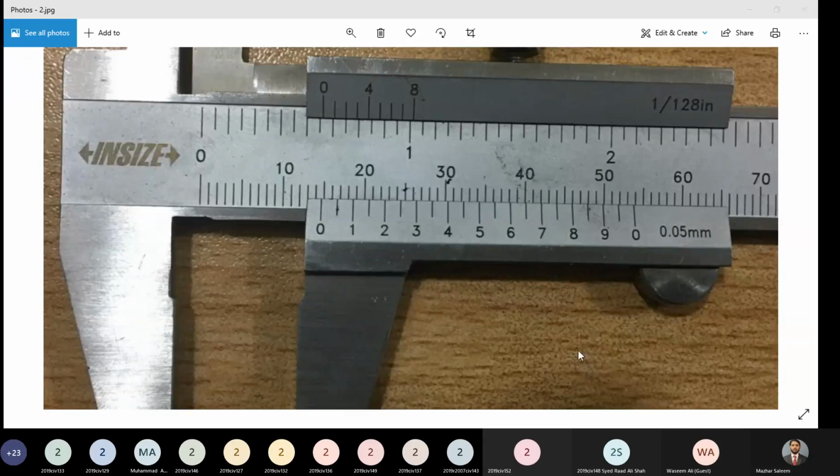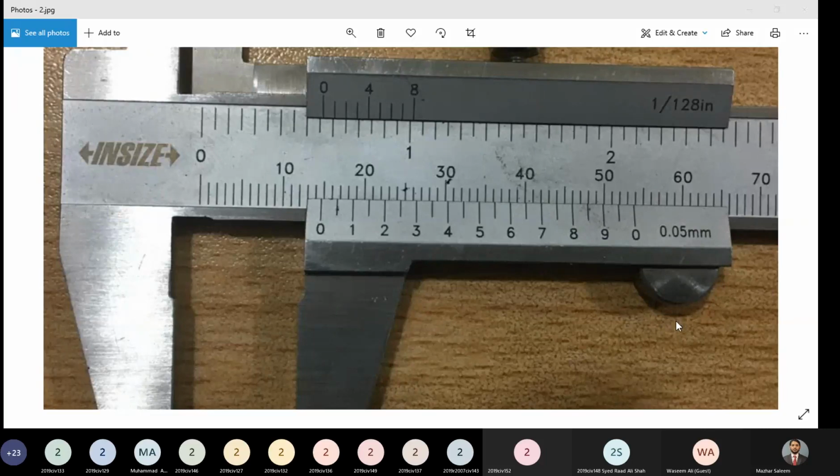Can you guys see my messages in the chat? Yes, sir. I have shown how to take the measurement. Main scale reading is 14, vernier scale reading is 15, and measurement is 14.75. 14 is the main scale reading. You don't need to multiply it with anything, with least count or anything. Only the vernier scale reading will be multiplied with the least count.